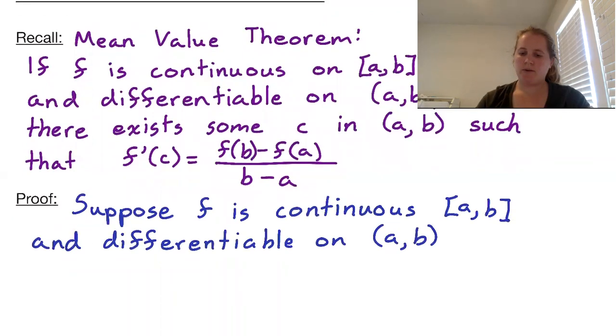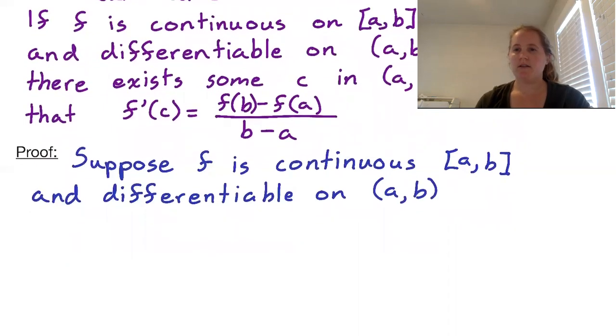And now what we're essentially going to do is force this situation into a Rolle's theorem situation. Once we have done that, we're done because we already proved Rolle's theorem.